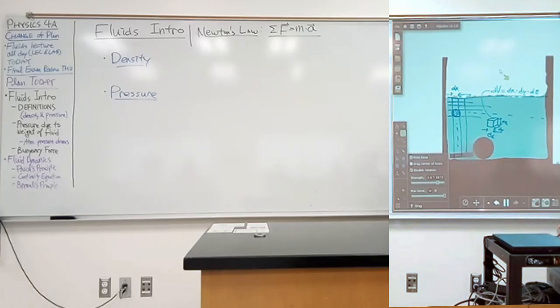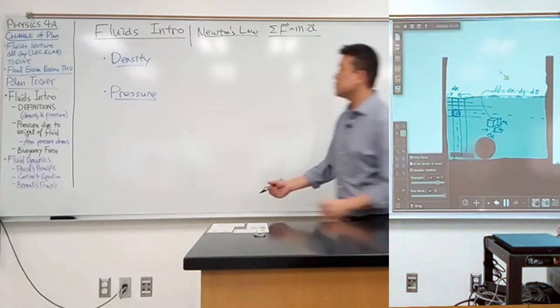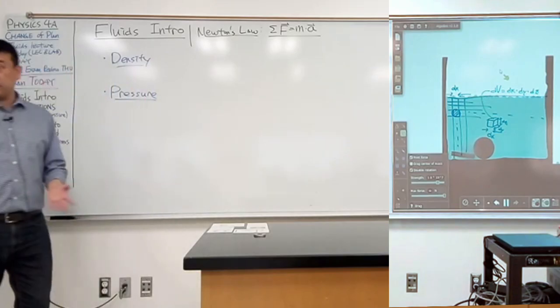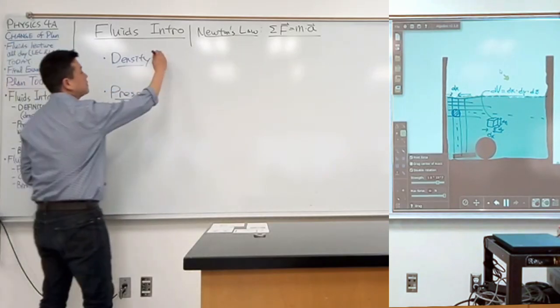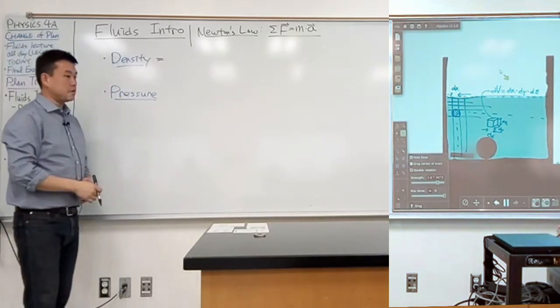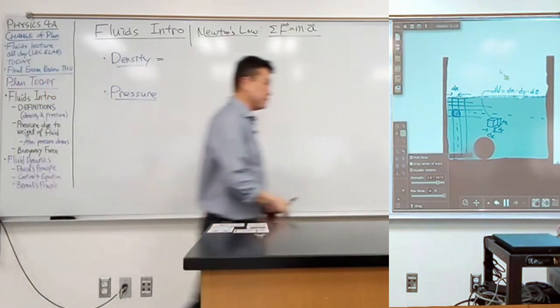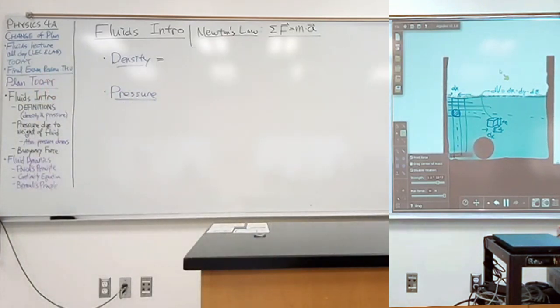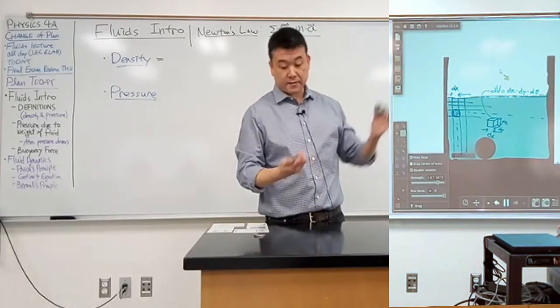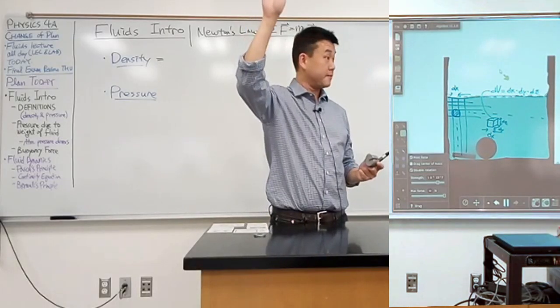So most of you have seen density, but let me write it down. So this is how in physics, we define density. Density is, so if you have a particular material, like these standard masses. This is a 500 gram mass. This is a 200 gram mass.